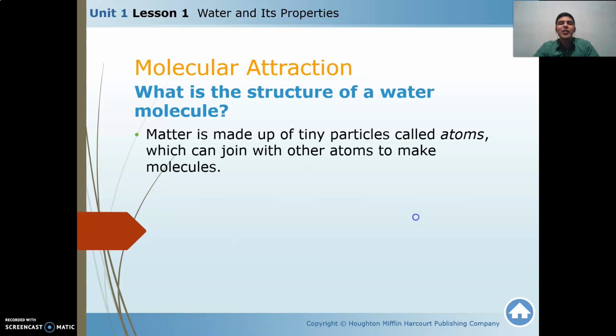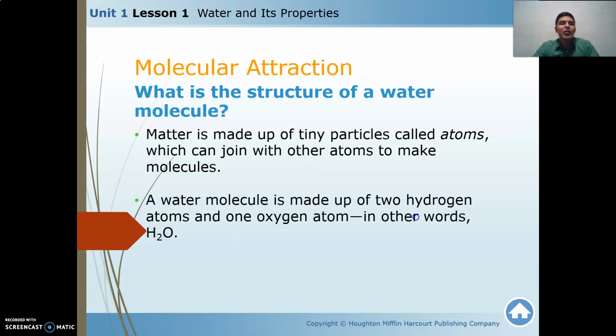Matter is made up of tiny particles called atoms, which can join with other atoms to make molecules. A water molecule is made up of 2 hydrogen atoms and 1 oxygen atom, in other words, H2O. So atoms are super small particles that are going to be structuring everything that we see around.